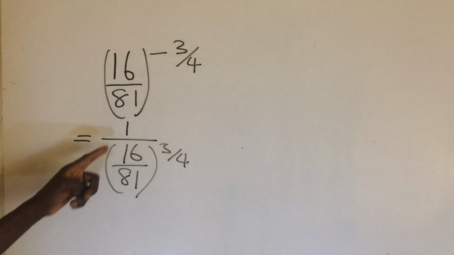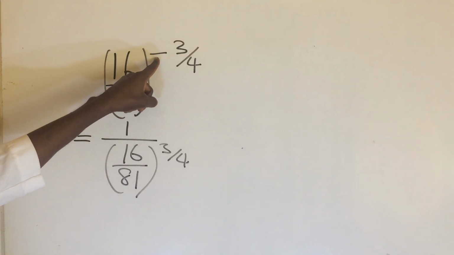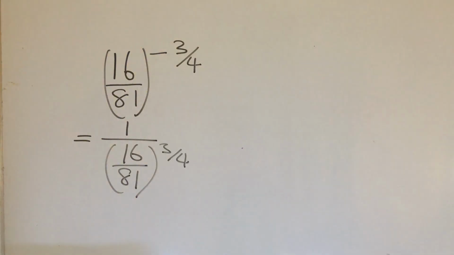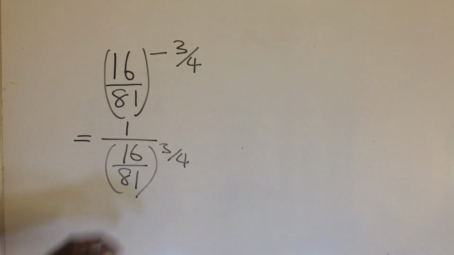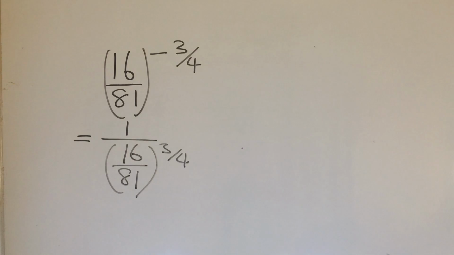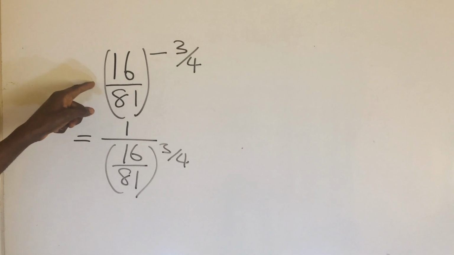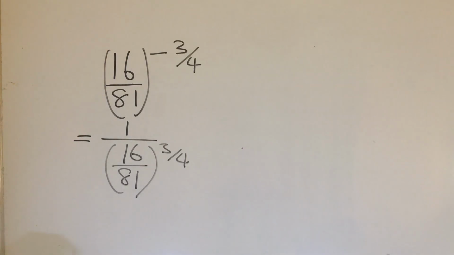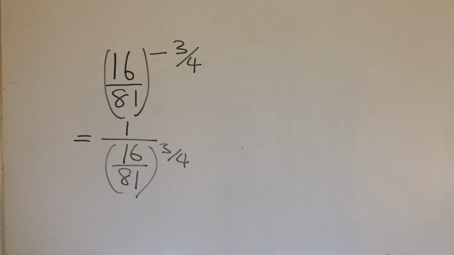What came about this 1 all over is that it is raised to a negative power, the minus sign you are seeing here. When you see a minus sign like this, it means raising the coefficient of the number to a fraction. What do I mean?